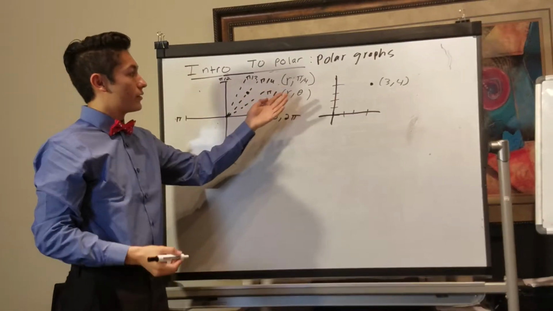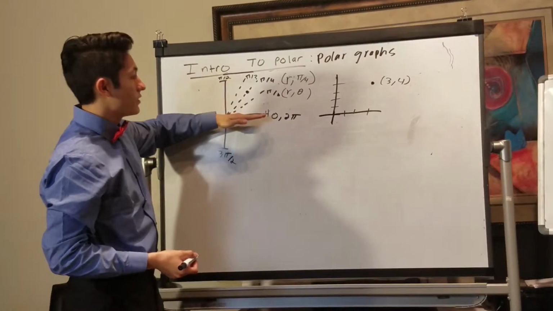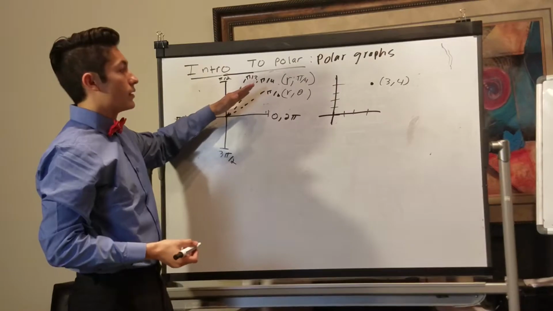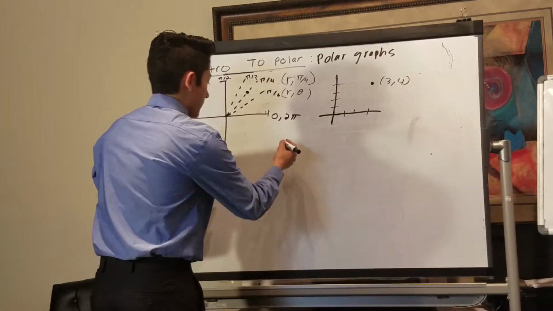And now we know where our point is located, again, from pi over 4 telling us that you rotate upwards pi over 4 radians.